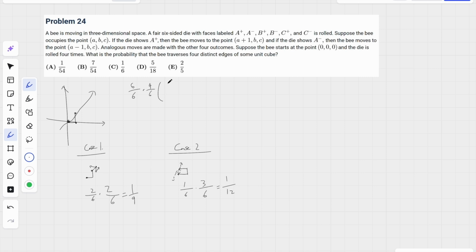So now we combine the cases here, 1/9 plus 1/12, and now we just evaluate. We get 7/54, so the final answer is B.